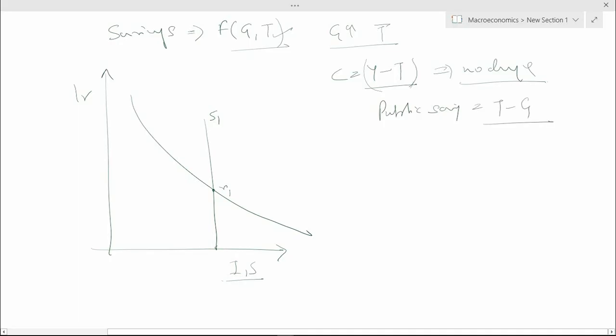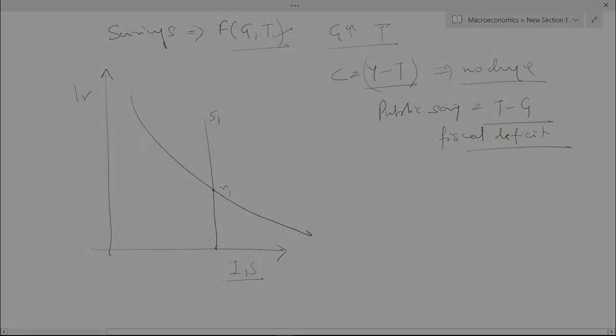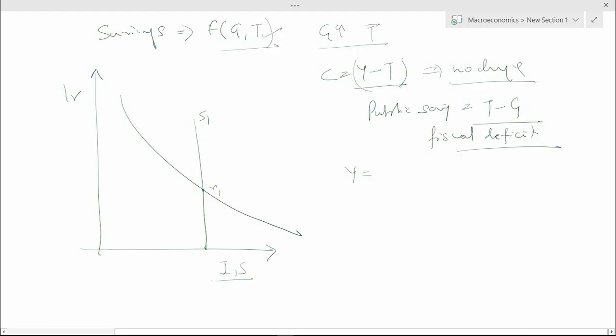Then the increase in G, the equation we know, where C's propensity to consume is fixed and tax is fixed.